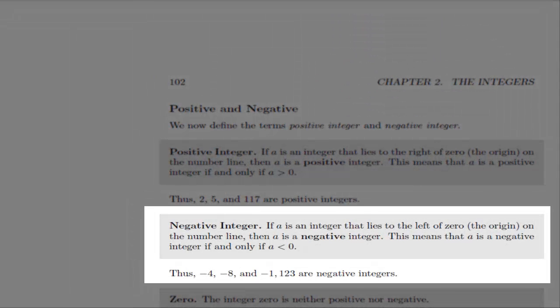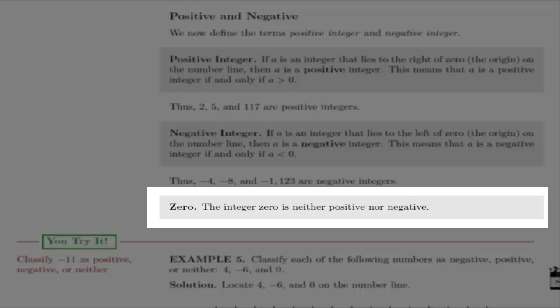If a is an integer that lies to the left of 0, the origin, on the number line, then a is a negative integer. This means that a is a negative integer if and only if a is less than 0. Thus, -4, -8, and -1,123 are negative integers. 0. The integer 0 is neither positive nor negative.